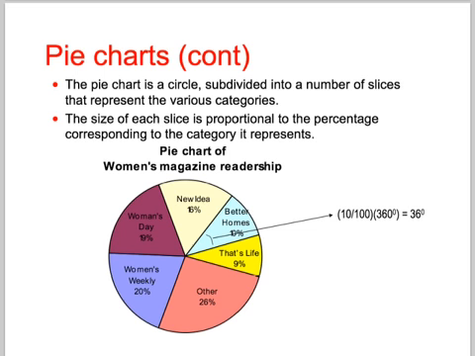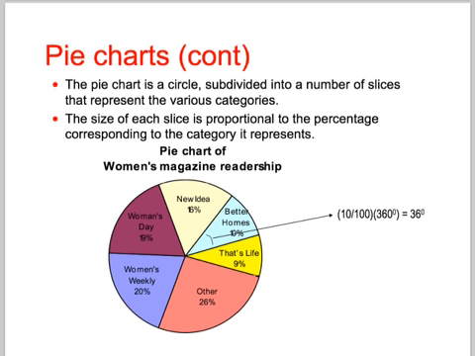Then I'll try to work out the proportion of the number of readers reading magazine A as opposed to magazine B, magazine C, and so on. What better way to represent the proportion of the different categories than drawing a pie chart? So again, the objective is what? Pie chart is useful to display the proportion of the different categories of your qualitative data.